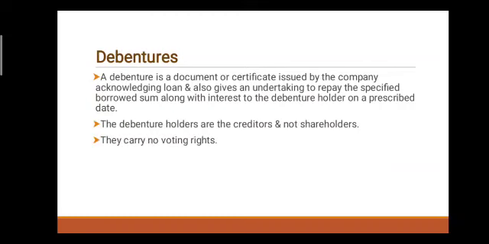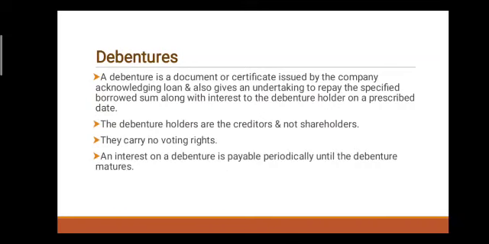The debenture holders are the creditors and not shareholders. They carry no voting rights, and interest on a debenture is payable periodically until the debenture matures. A debenture carries a fixed rate of interest.